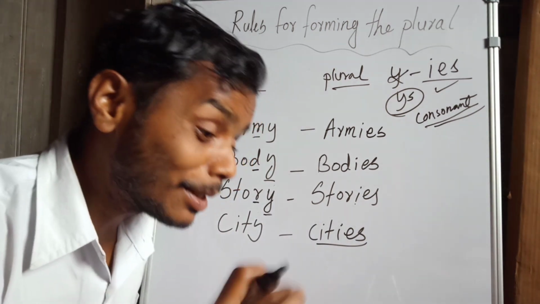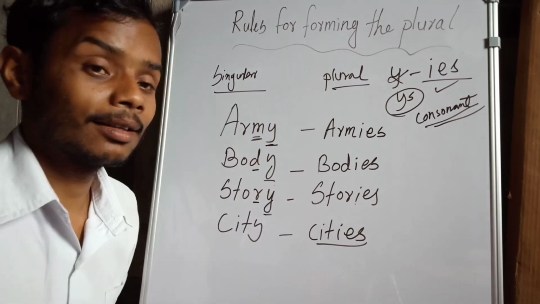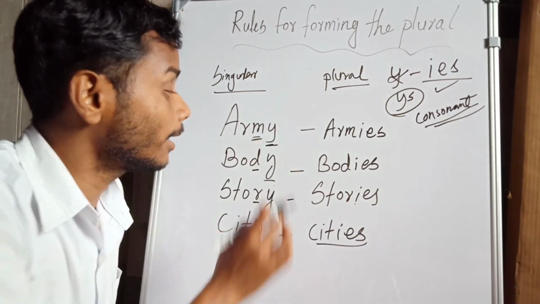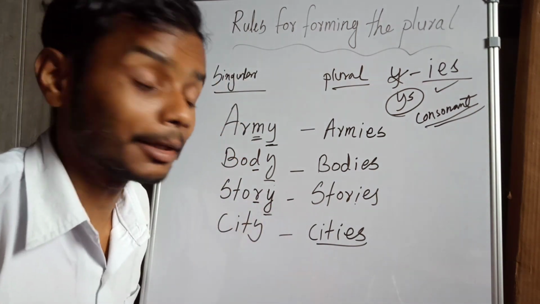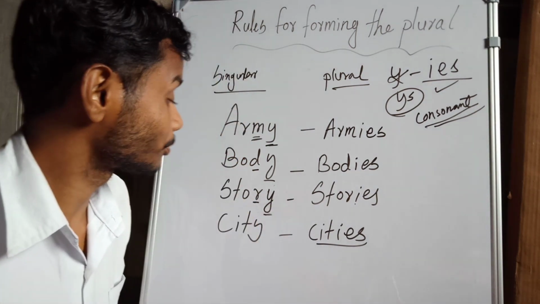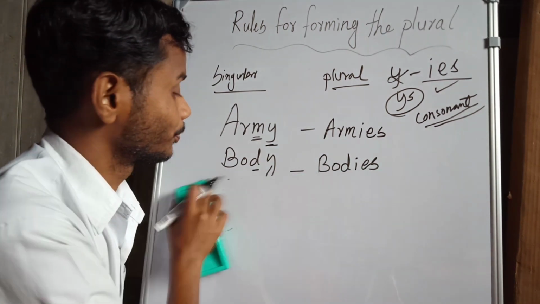Now you are having the question. Now before Y a consonant is there. Now अगर before Y vowel is there, हाँ, अगर vowel होगा तो आप क्या करेंगे? प्रश्न आ सकते हैं मन में. So then what you have to do? I will tell you what you have to do.